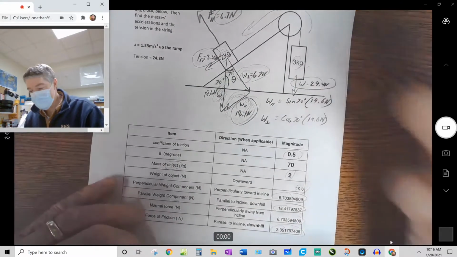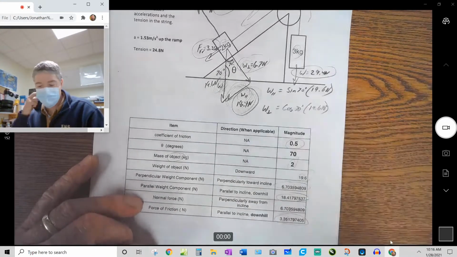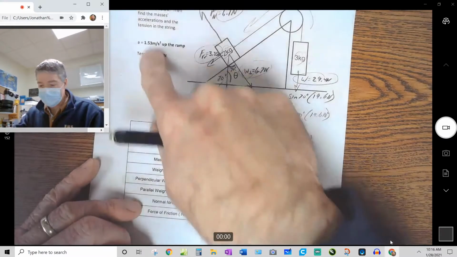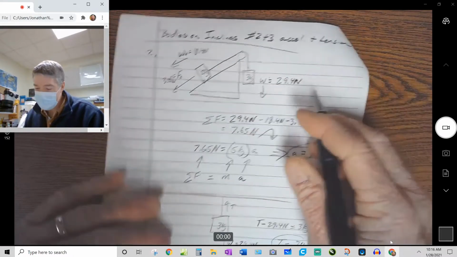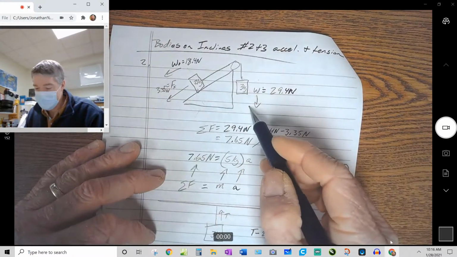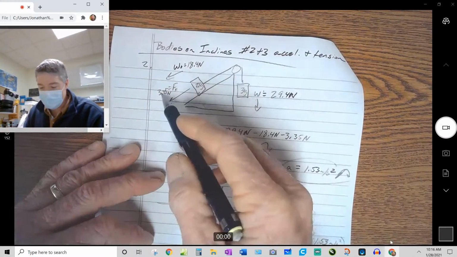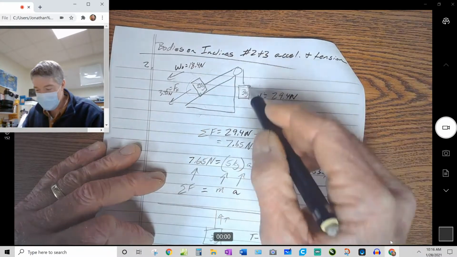So I need to write some equations for net force and then solve for acceleration to get the answers. And here's a diagram that I drew. This is the one that I showed you briefly earlier. This is just showing the non-canceling forces. So basically 2 downhill forces and one force pulling this uphill.